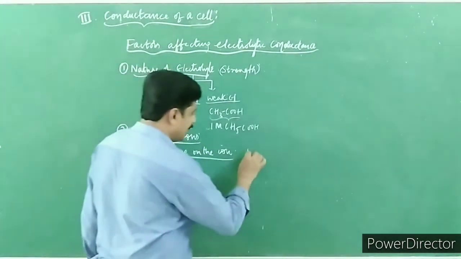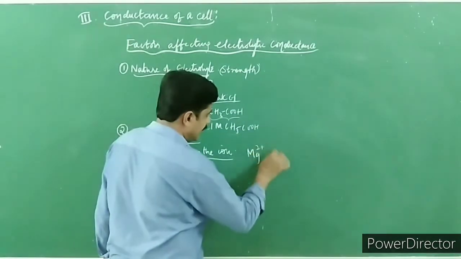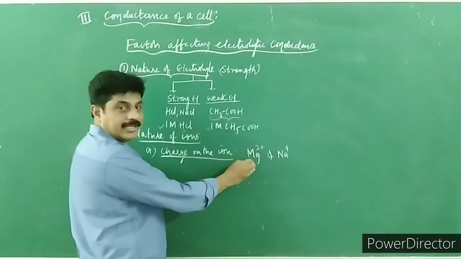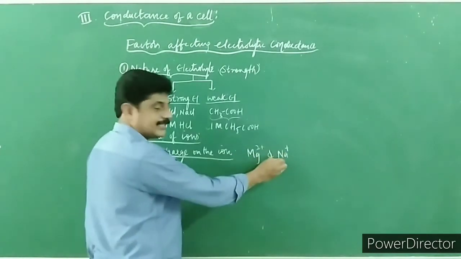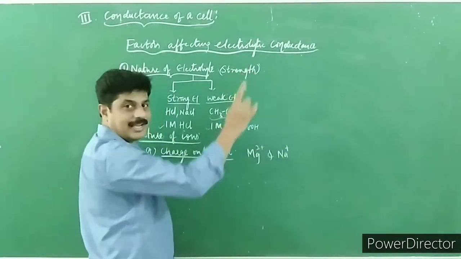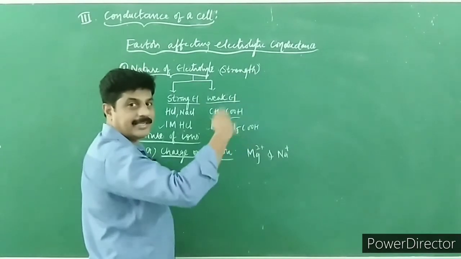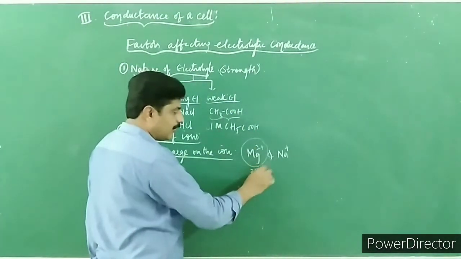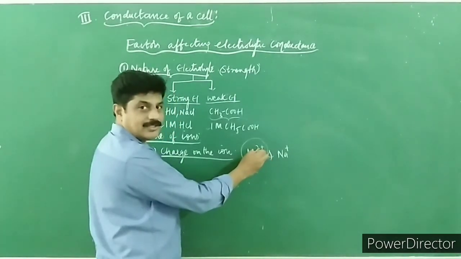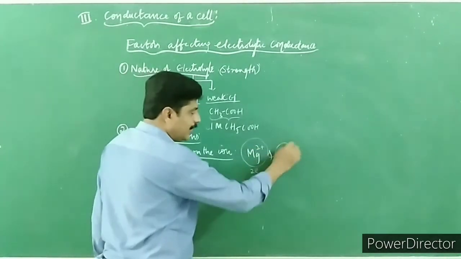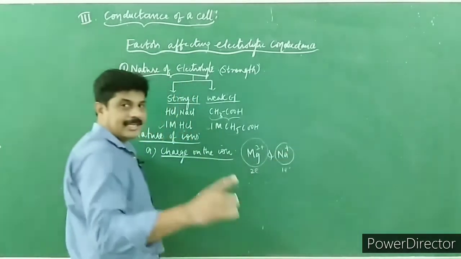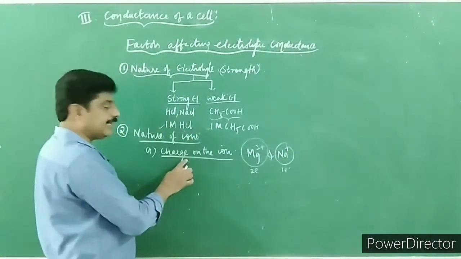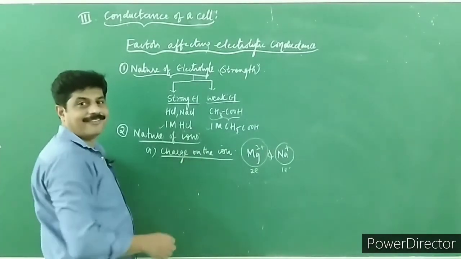Let me quote an example here, Mg2+ and Na+. Look here, the Mg ion is carrying +2 charge, whereas sodium has +1 charge. I said the greater the charge, the better is the conductance. That means the magnesium ion carries 2 charges because it has 2 positive charges, whereas sodium carries only 1. That means the conductance of an ion depends directly on the charge present on the ion.